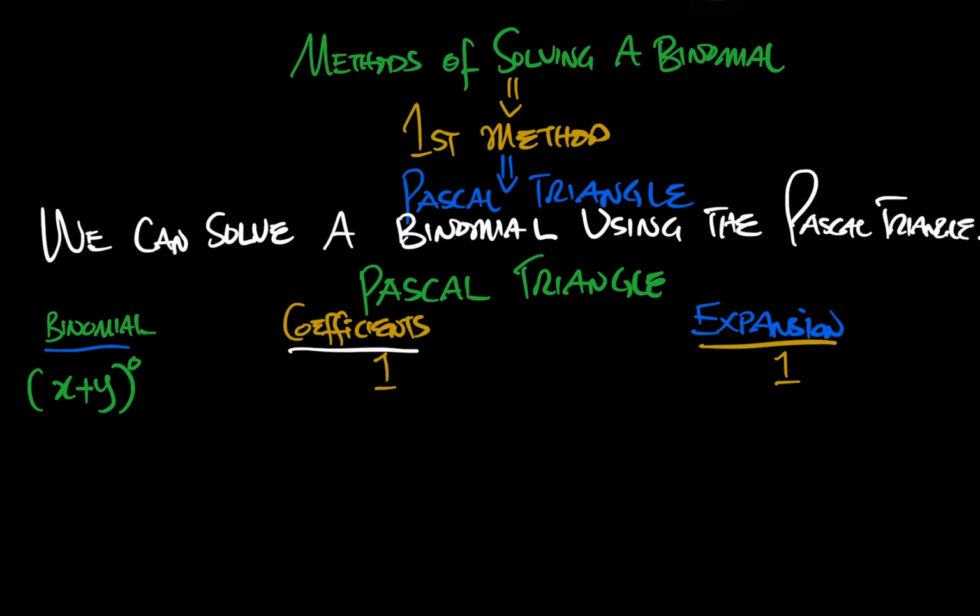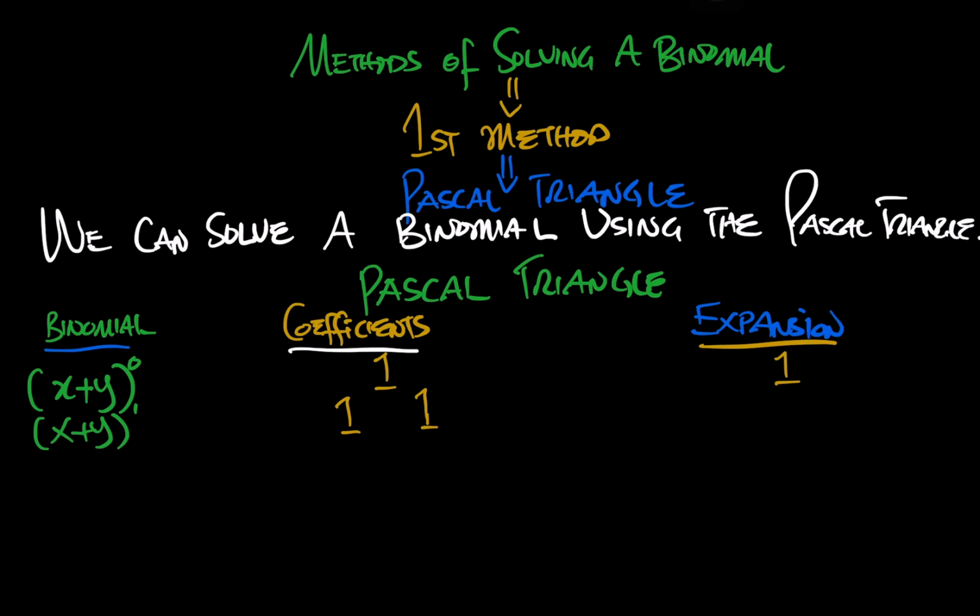Then the next thing is to look at (x + y) to the power of 1. And for that, we are going to have 2 different coefficients, 1 and 1, like that.